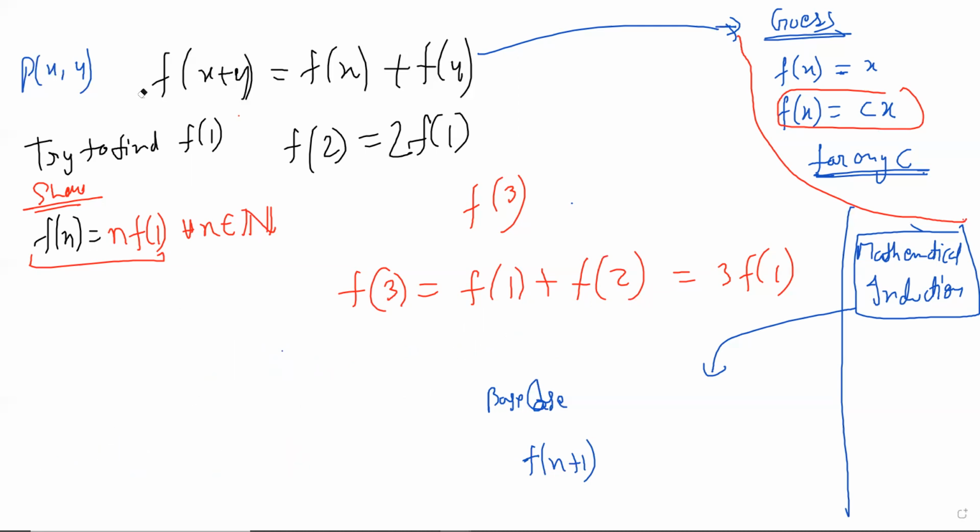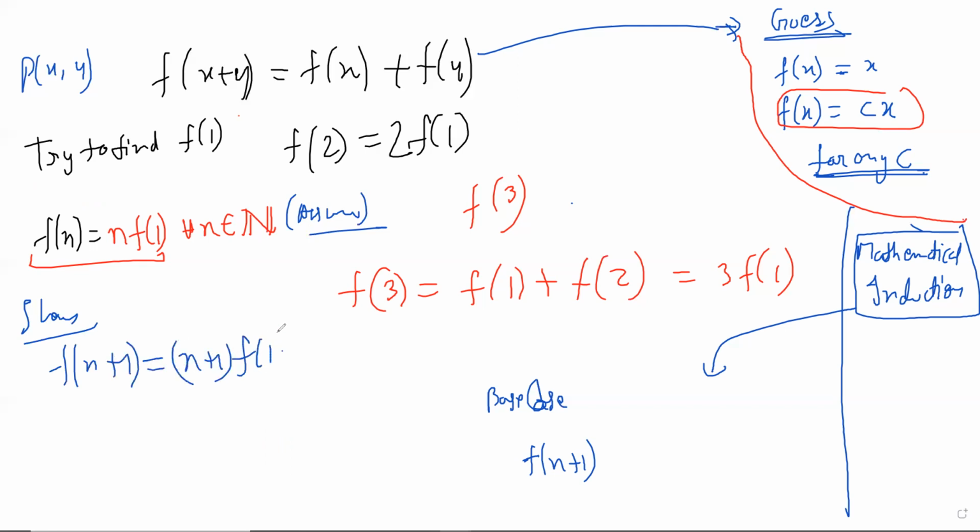So you assume this and try to show the next one. So you assume for n and try to show for n plus 1.